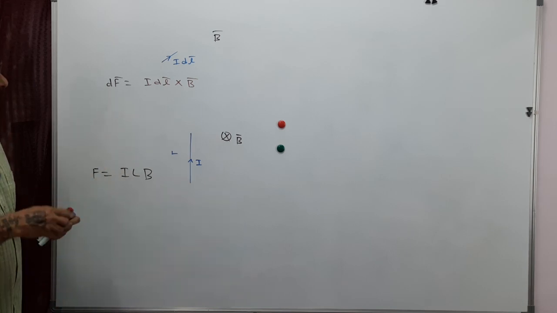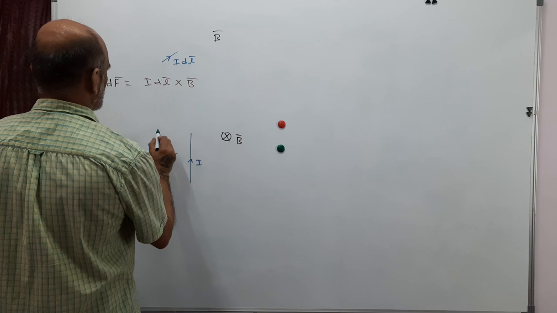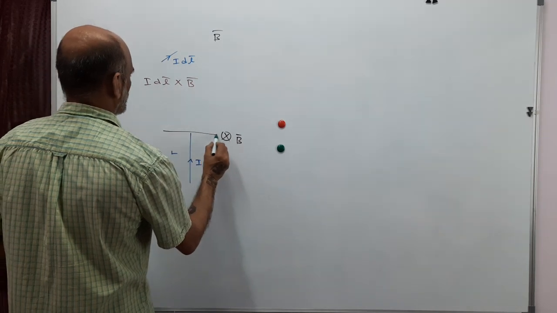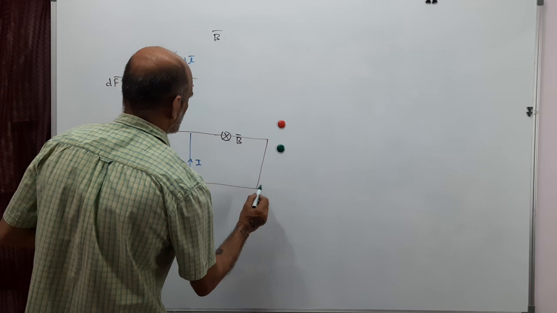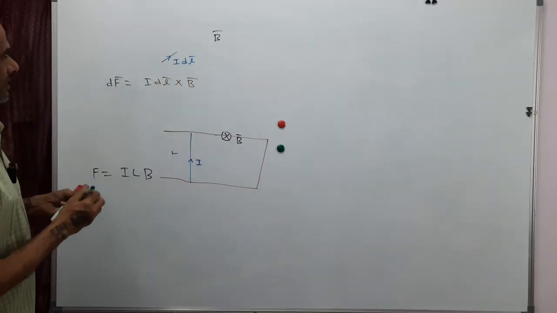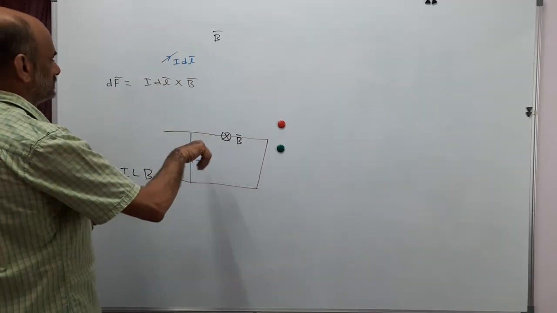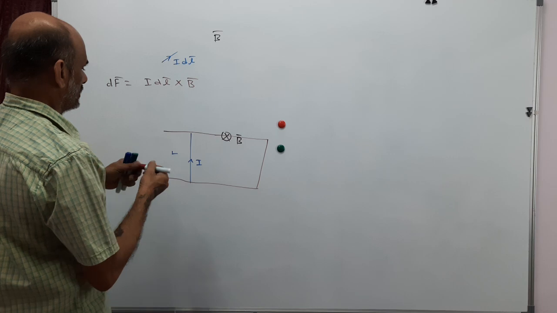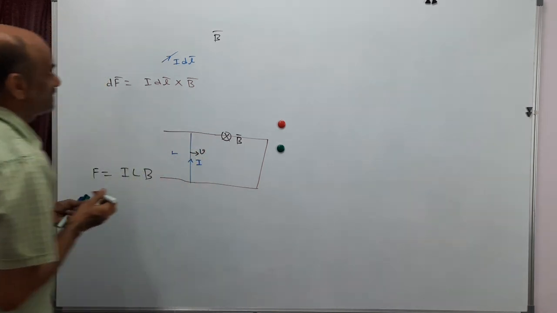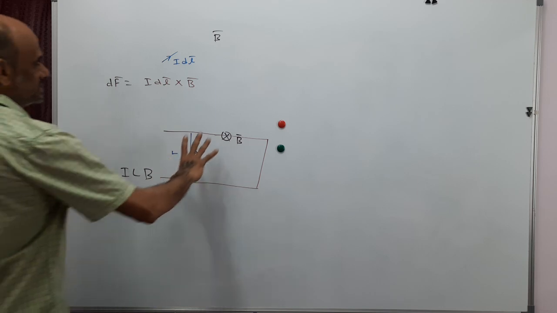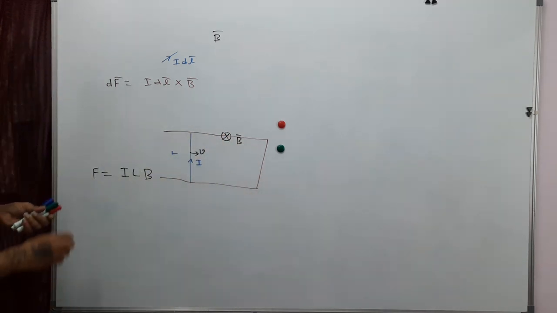Now suppose this is kept on a rail. The magnetic field is uniform. And if it is moving, say with the velocity v, then in this part of the circuit, the flux is changing.